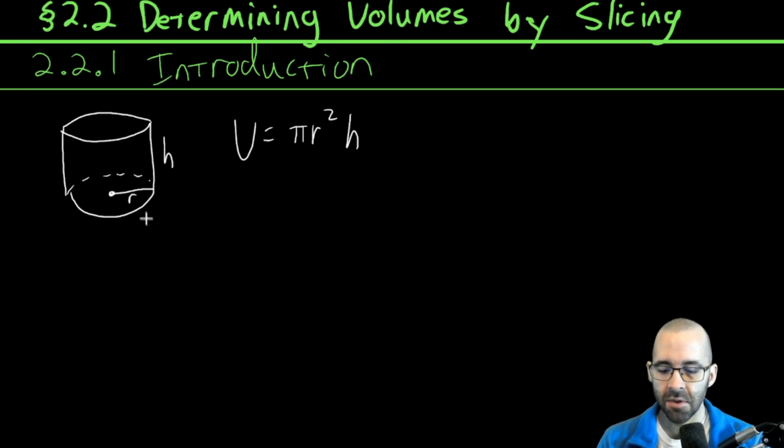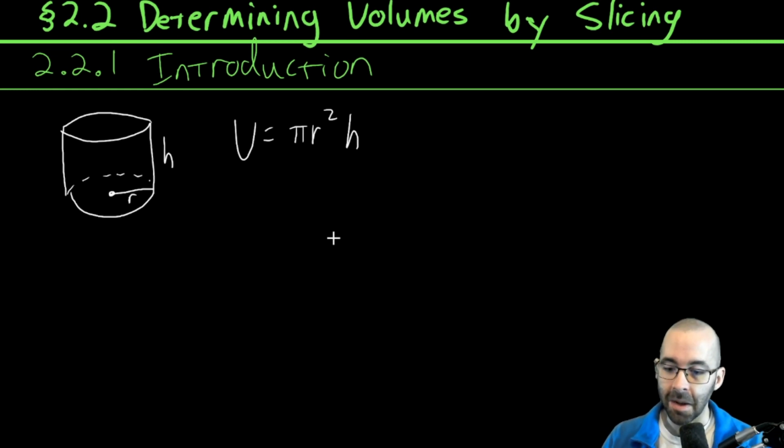In fact, that's true for kind of any surface like this. If it wasn't a circular base, if it was a square base, well, it'd just be the area of the bottom, length times width, times the height. It could be any shape bottom, and as long as it's the same all the way up, you just multiply by the height and you're good.